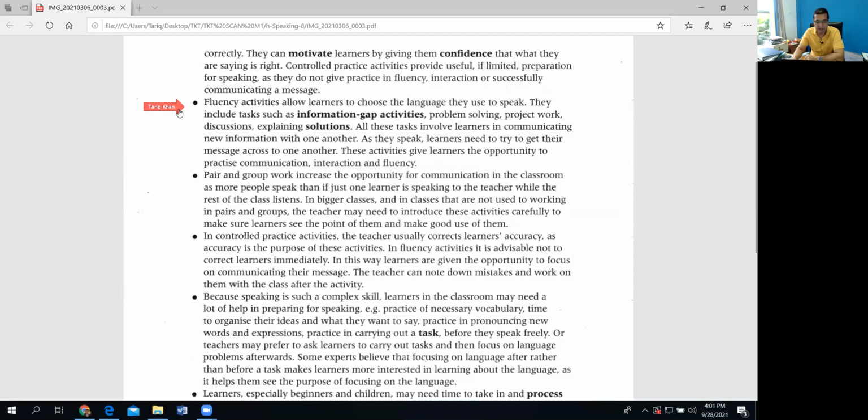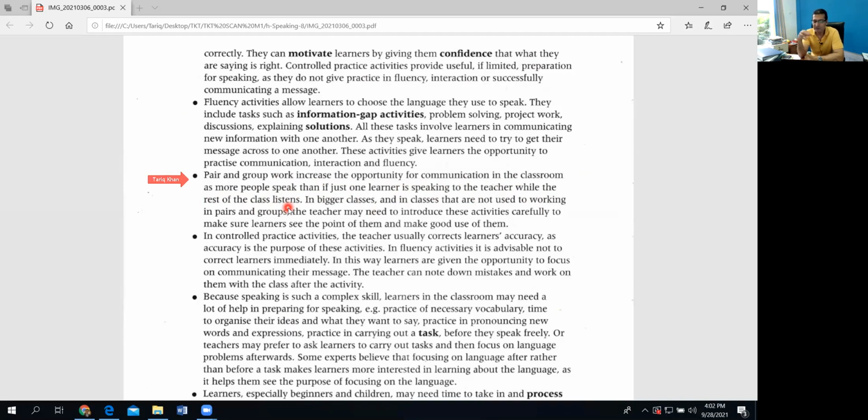Next one is pair and group work increase the opportunity for communication in the classroom, as more people speak, than if just one learner is speaking to the teacher while the rest of the class listens. Now they say pair work. You put students in pairs or group work.